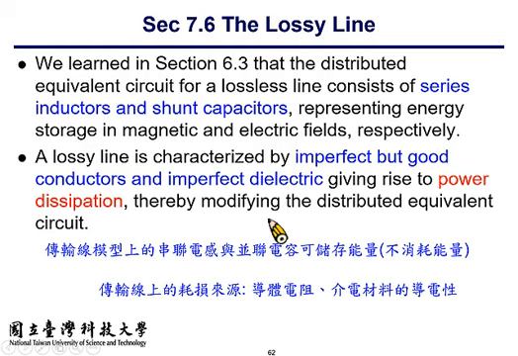Other commonly seen transmission line types always exhibit two conductors. And somehow you will need certain dielectric material to separate the two conductors.